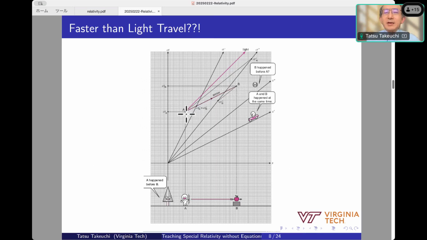Okay, in this space-time diagram, we use x and c times t as the coordinates. Then a light pulse that's emanating from A will follow this red line, which makes a 45-degree angle from both the horizontal and vertical axis. And you can tell that this line that connects A to B has an angle which is larger than 45 degrees from the vertical, which means that it's going at a speed much, much faster than the speed of light.